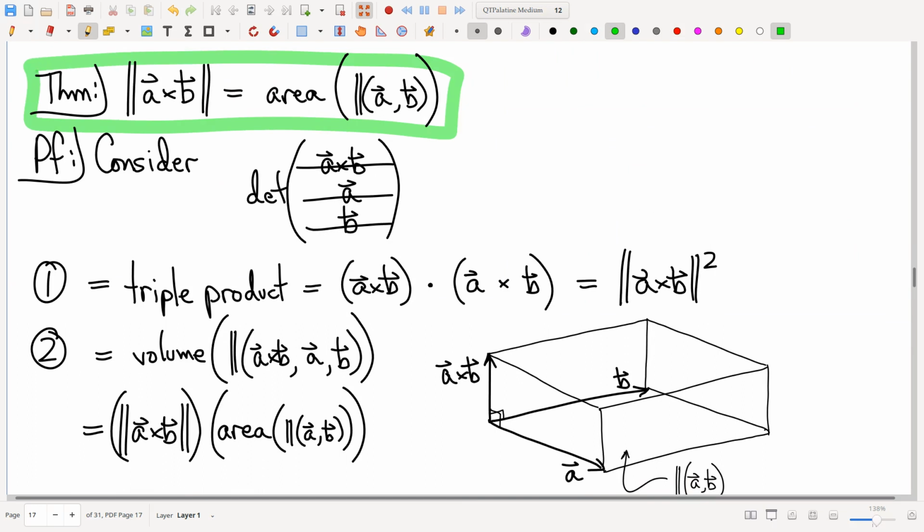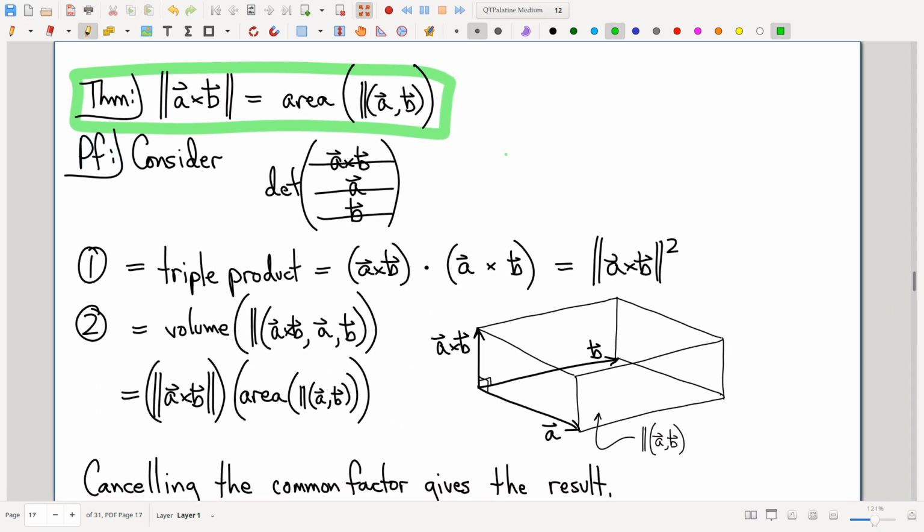The magnitude of the cross product is the area of the related parallelogram. Very neat fact. Let me color code this. This cross product, its magnitude is equal to the area of the parallelogram defined by the two input vectors to that cross product.